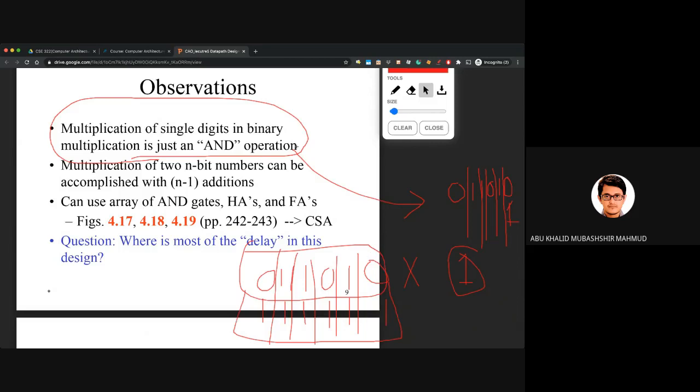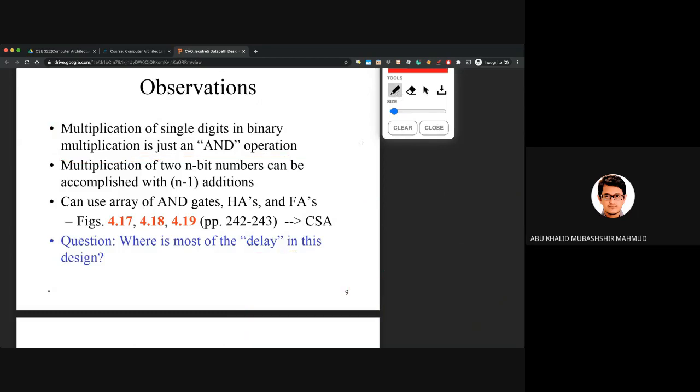That's why this is called the AND operation. And the multiplication of two n-bit numbers can be accomplished with n-1 additions. These are the observations that we get from this.